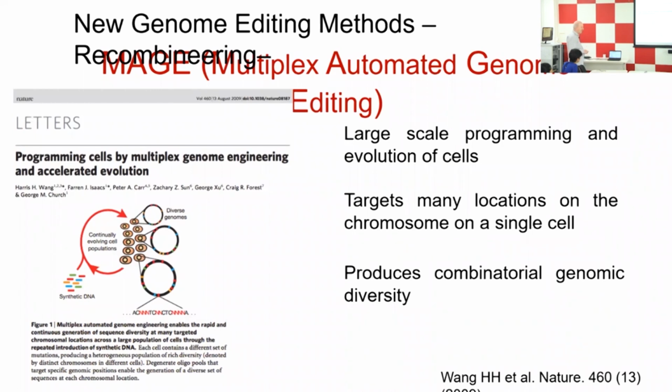Therefore it enables large-scale programming and in some cases evolution of cells, because it targets many locations in the chromosome of a single cell and produces, if necessary, a good combinatorial genetic diversity. Because imagine that you want to enter 200 mutations at the same time, but you are not sure which of the ones that you have there are going to be better for your purposes.